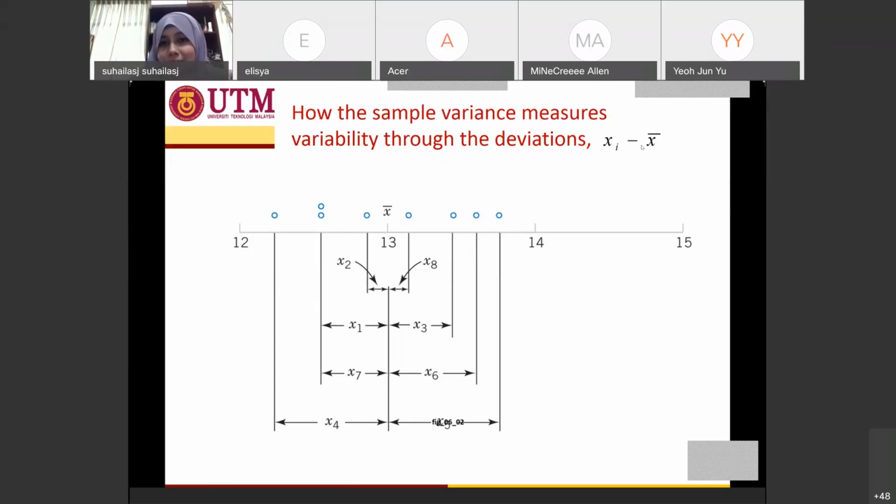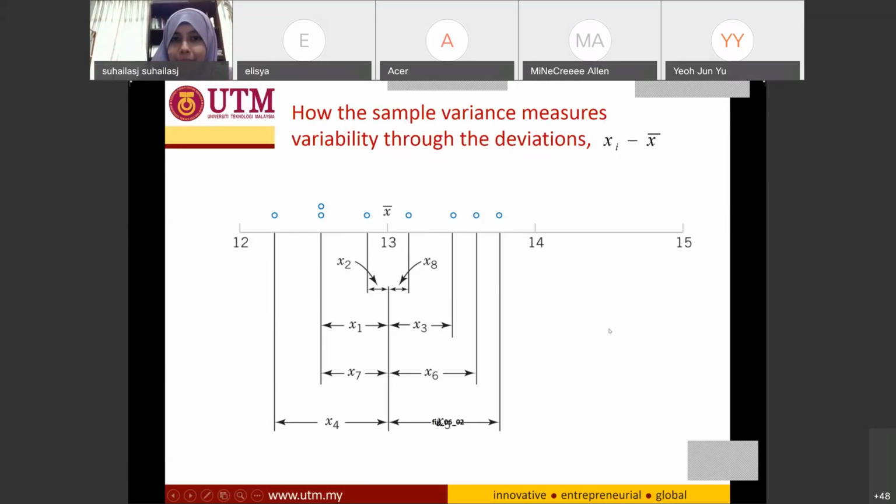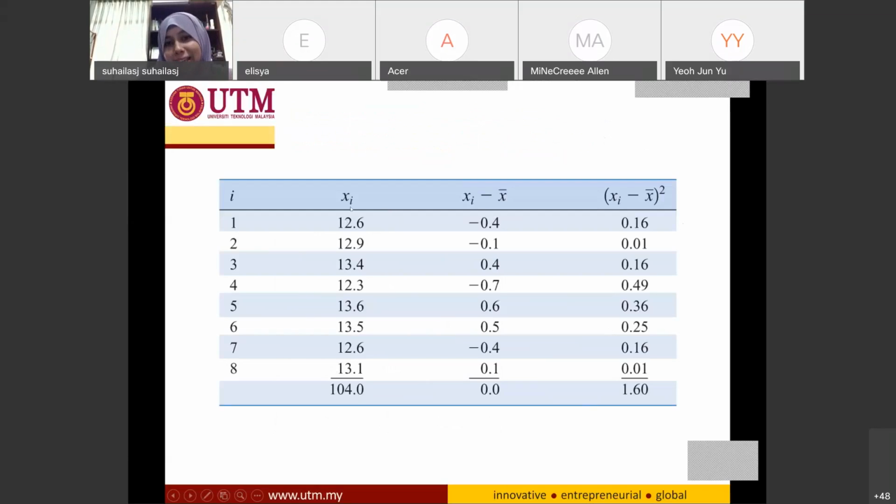Deviation Xi minus X bar. Okay, ini secara gambar aja. Just ni je. Okay, let's say we have a data set here. Katakan this is your Xi. They compute Xi minus X bar because they already computed your X bar.